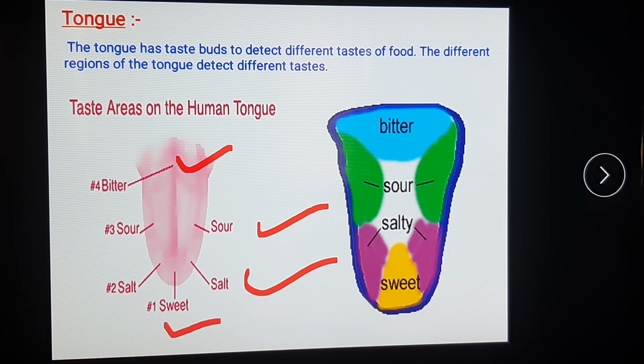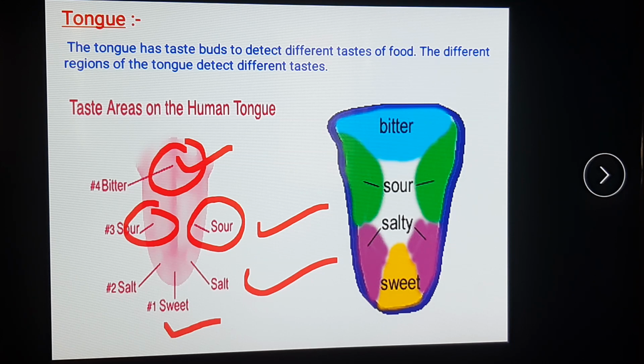So these are the different regions where the person can taste different tastes. On the tongue there are different taste buds which can recognize the different tastes of the food.